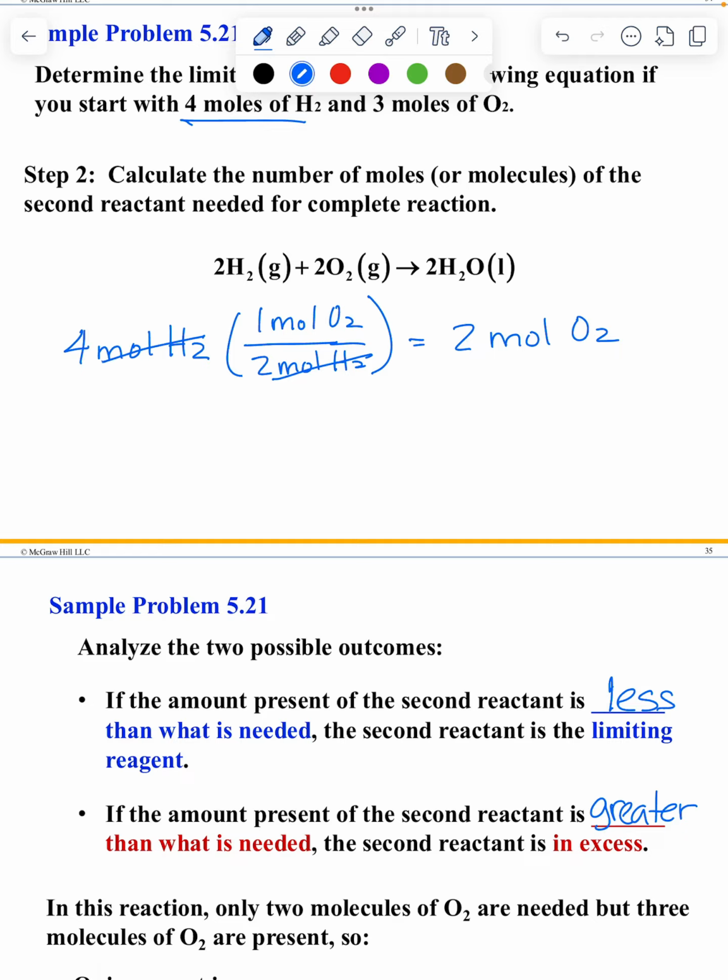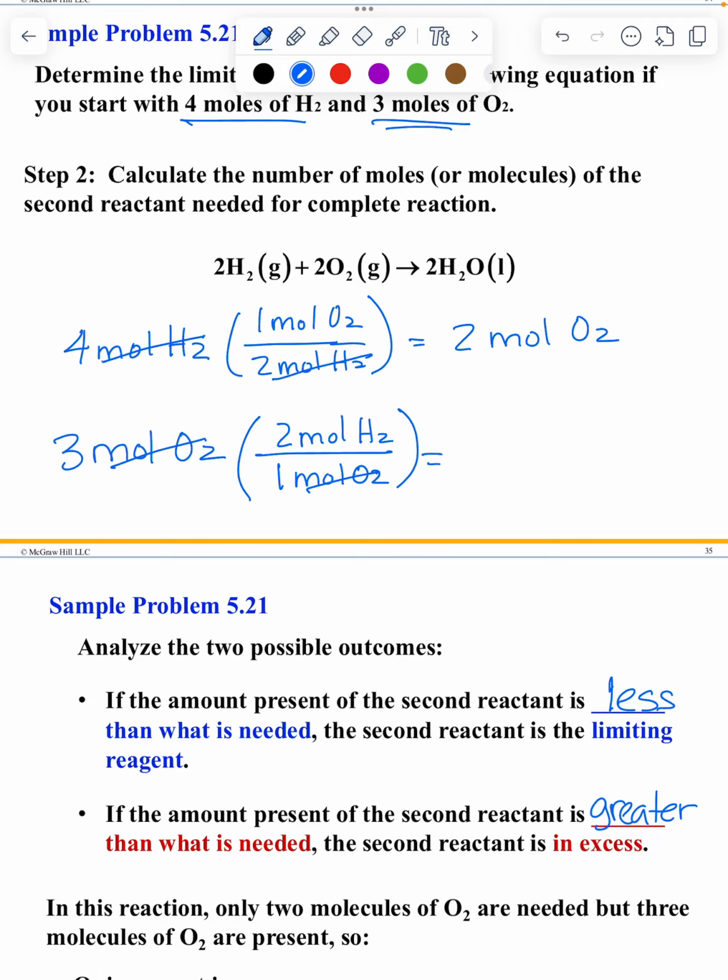We set it up this way so that we find out how much H2, so 3 times 2 is 6 moles of H2 are needed to completely react with 3 moles of O2. But notice we only have 4. So this again lets us know that H2 is our limiting reactant, which is the same conclusion that we came to using the other method.